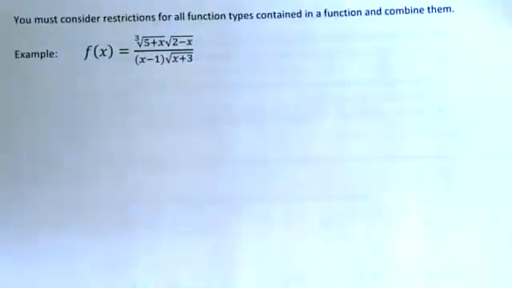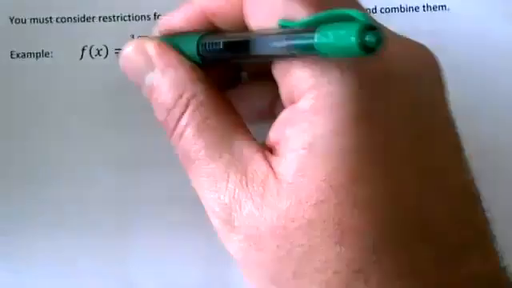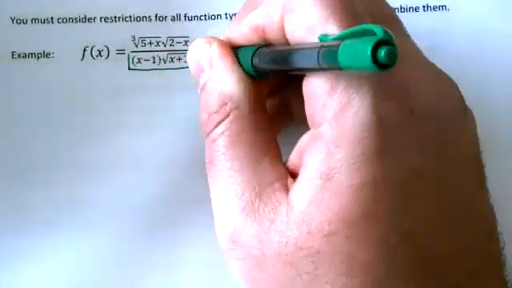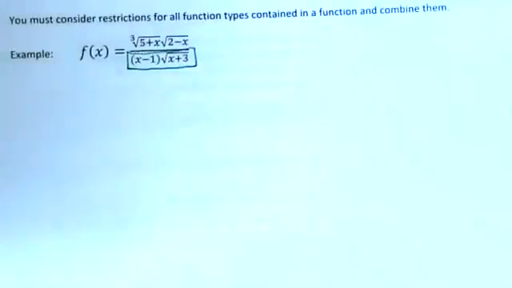Okay. So let's look through this thing and see where our problem areas are. Right now, we know that we're going to be focusing on fractions and even roots. Let's start with fractions. Do you see a fraction? Yes. Does the denominator of that fraction have any x's in it? Yes. I'm going to draw a box around this entire denominator because that is the denominator.